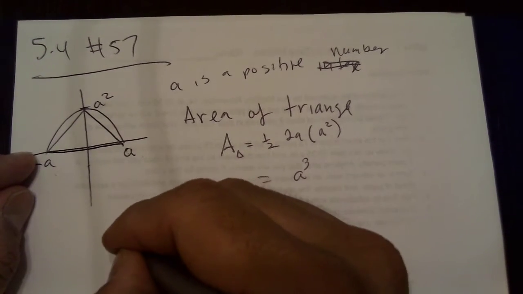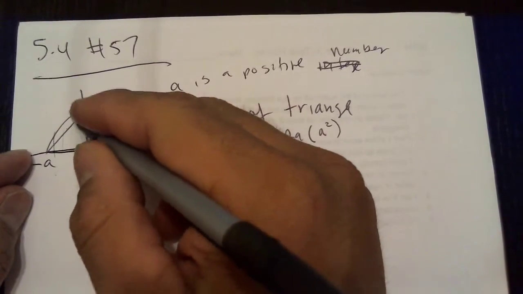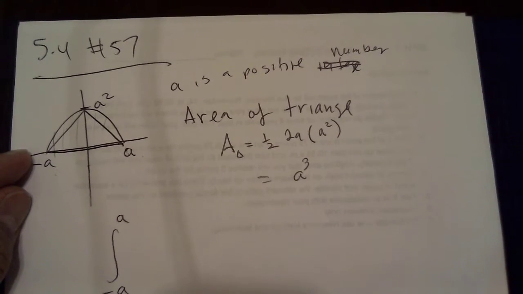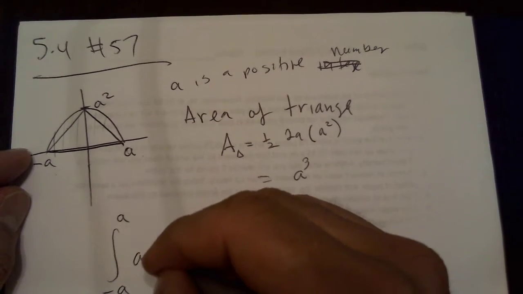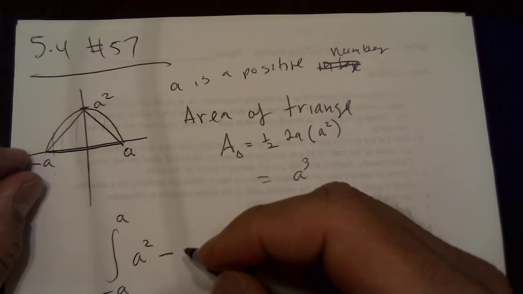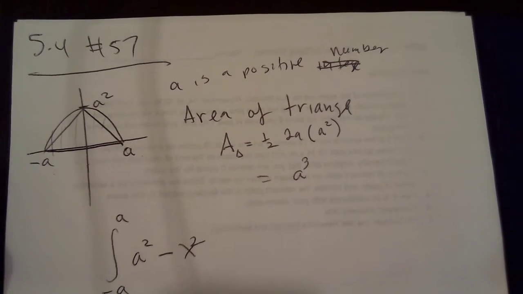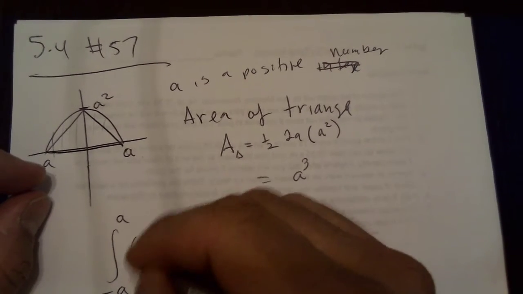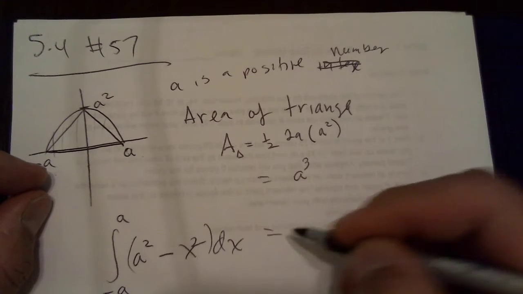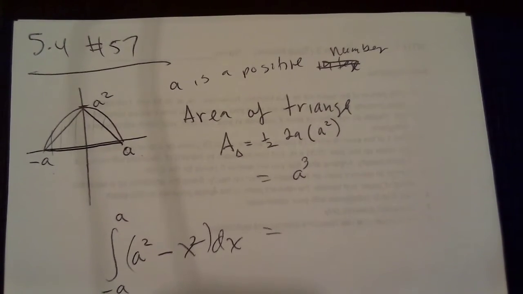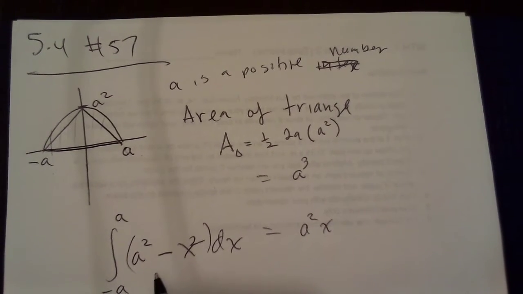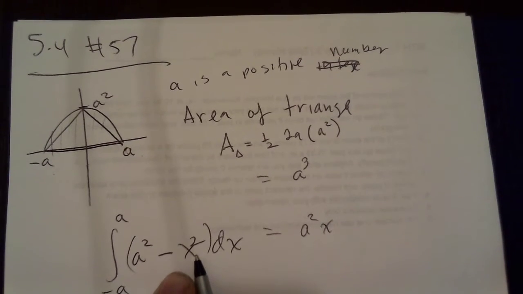Now finding the area under the parabola and above the x-axis is simply the integral from negative a to a of a squared minus x squared. Plugging this in, we get a squared x. Keep in mind that our variable is x.